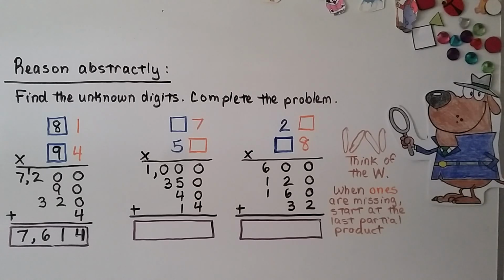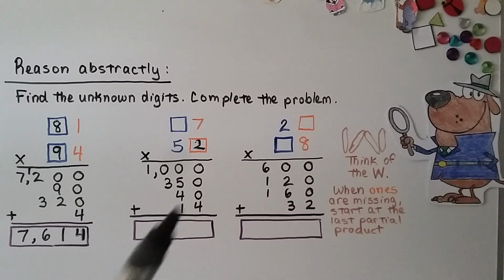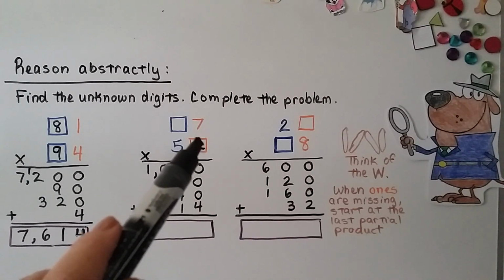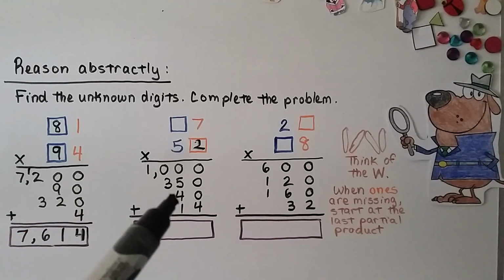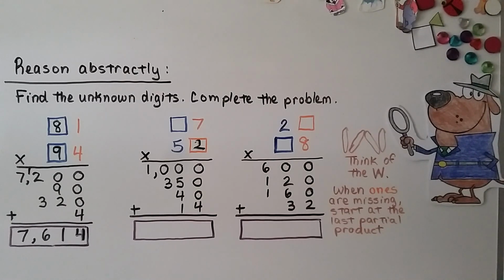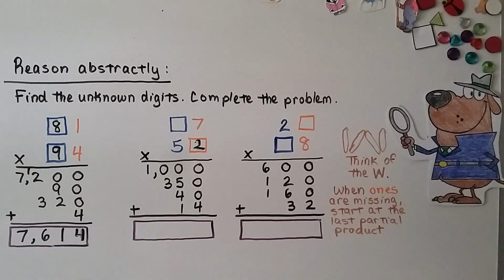If you said 2, you're right. So we know that digit is a 2. So 2 times some amount of tens is equal to 40. Well, 2 times 2 tens. 2 times 20 is 40, isn't it? So we know that that's a 2.